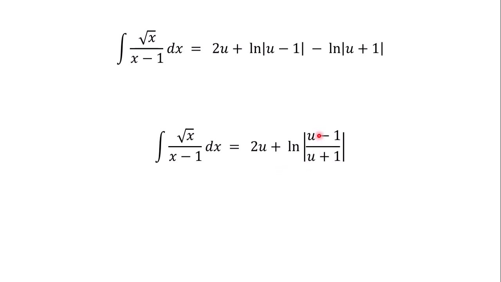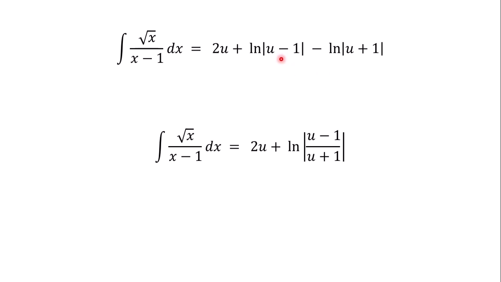Remember I said we are going to apply the law of logarithm, that is the law of quotient of logarithm, which says that log a minus log b can be written as log a divided by b. So when you apply that one here, please don't let this and that confuse you.